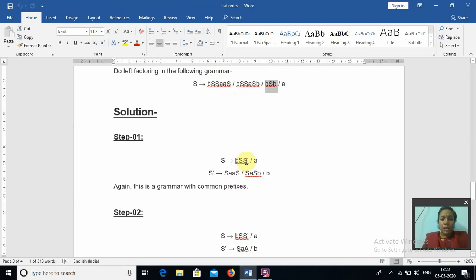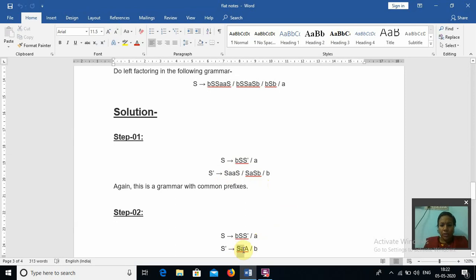So bS, and for the leftover part we can add S1 as a new non-terminal. And what is S1? The leftover parts here, SaaS and SasB, and here b. Okay, and if you observe the S1 production rule, we also have a common prefix, which is Sa. So we have to take it out.